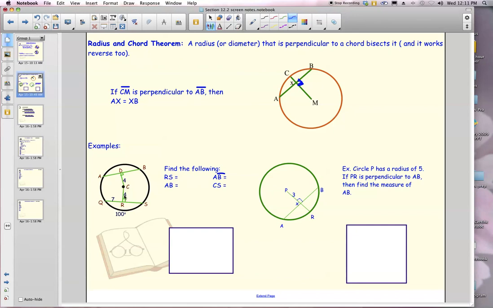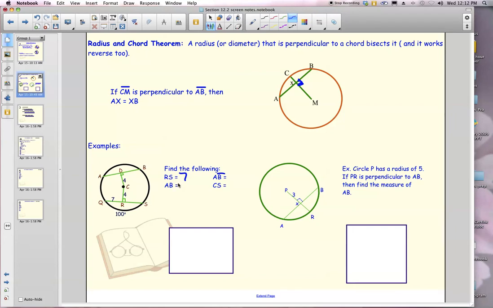Okay, so let's start with RS, the distance from R to S. Well, since our radius comes down at 90 degrees, we know it bisects the chord. So we would know that from R to S would have to be 7. Then we go on to AB. AB is a chord. It is the same distance from the center as chord QS, so it would have to be the same length as QS.